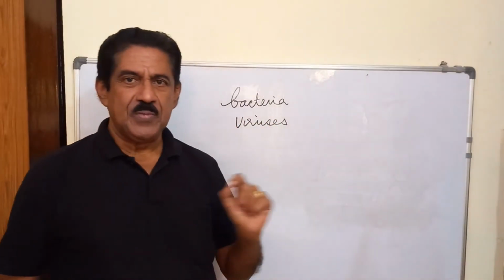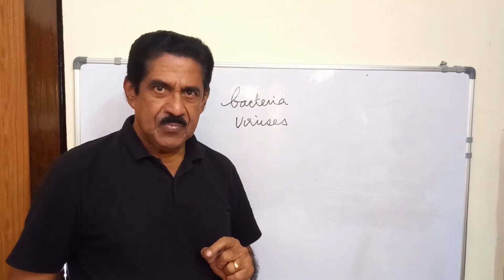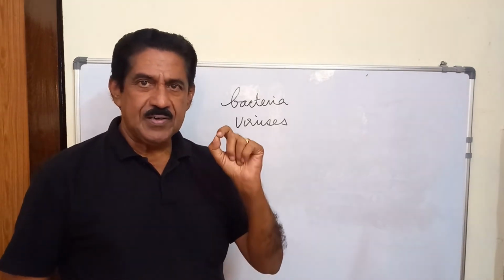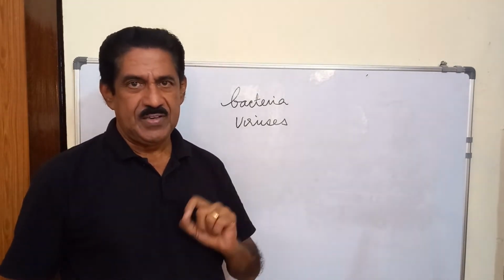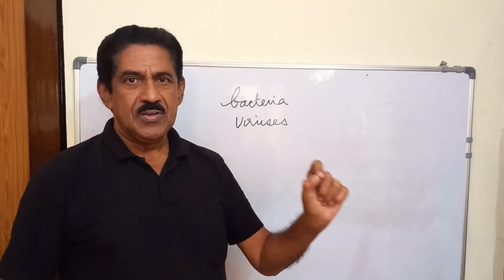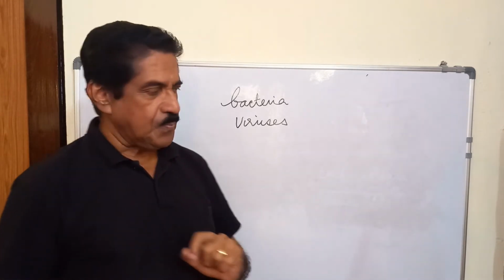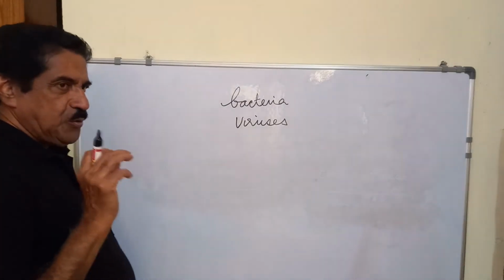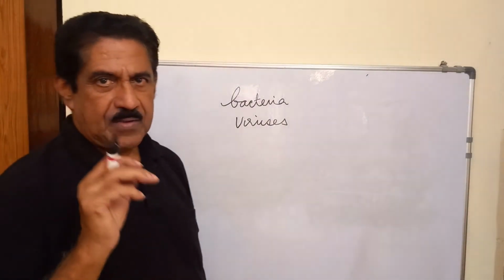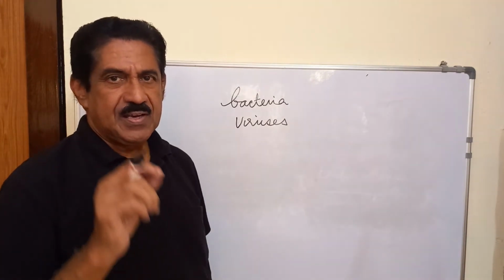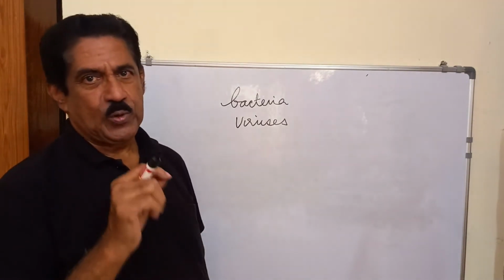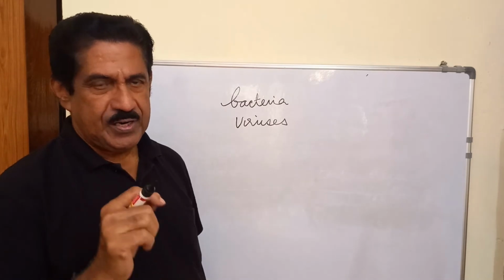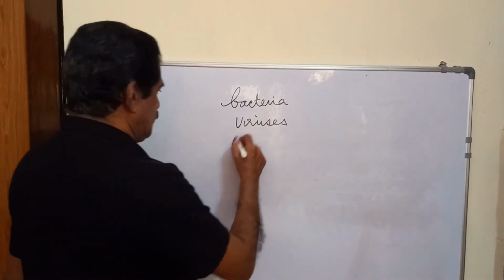So it's a defense mechanism of bacteria. So that is why it is called restriction endonuclease. It restricts the growth of viruses. Now, one important thing you have to remember is restriction endonucleases cut DNA at specific locations, and these locations are palindromes.